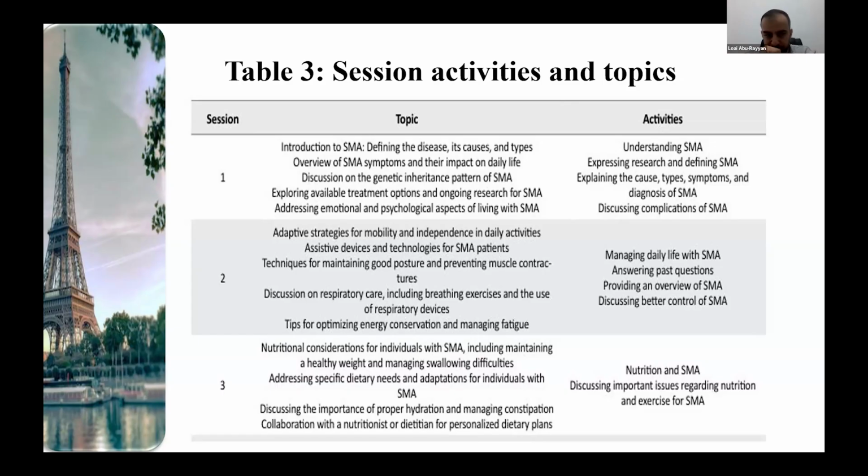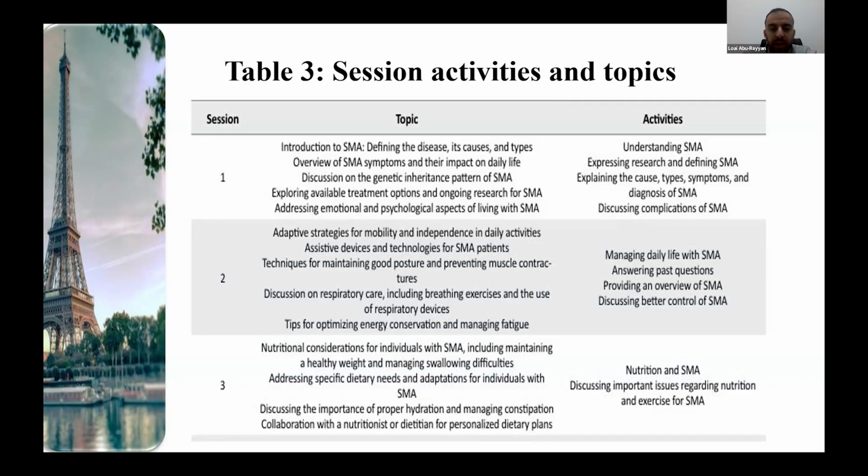with SMA. The second topic was adaptive strategies for mobility and independence in daily activities, assistive devices, and technology for SMA patients, technologies for maintaining good posture and preventing muscle contracture, discussing respiratory care, including breathing exercises and the use of respiratory devices.